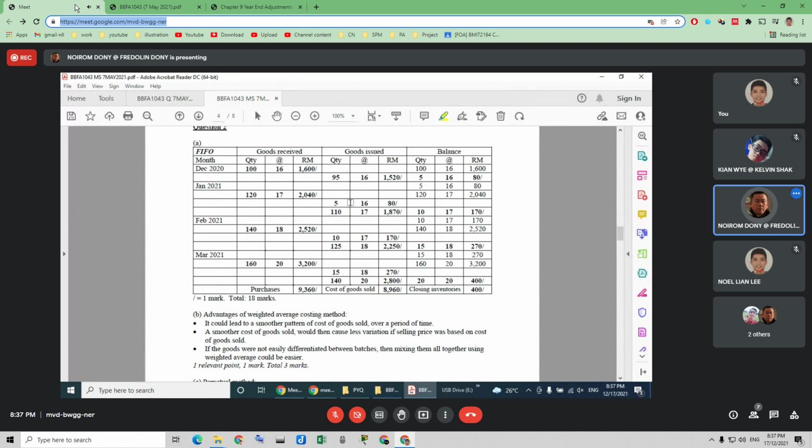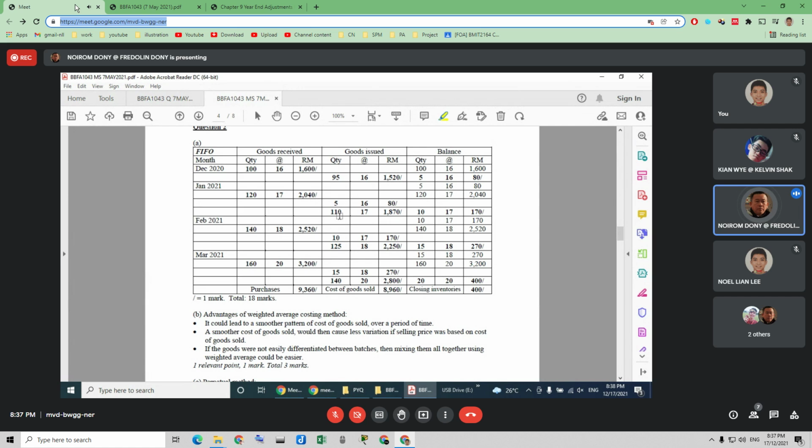January 115. So how much do you still need, if you already issued 5? 115 minus 5, so 110, we get it from the second batch, which is the cost price of 17.